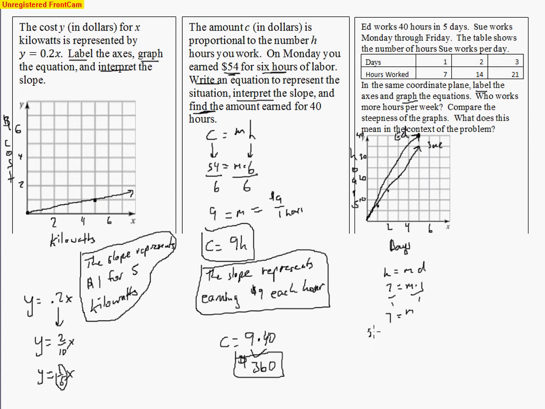So for Sue, her equation would go this way: H equals 7 times the number of days. Well, 7 times 5, that gives me 35. So in 5 days, Sue only works 35 hours.